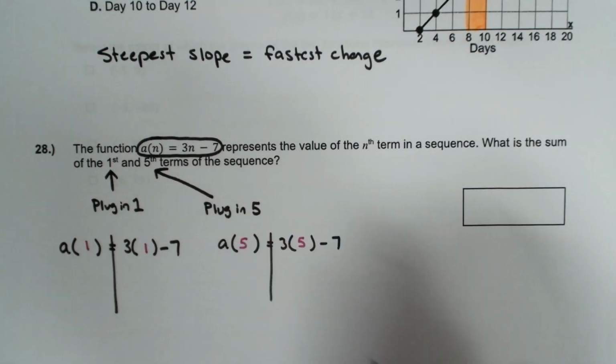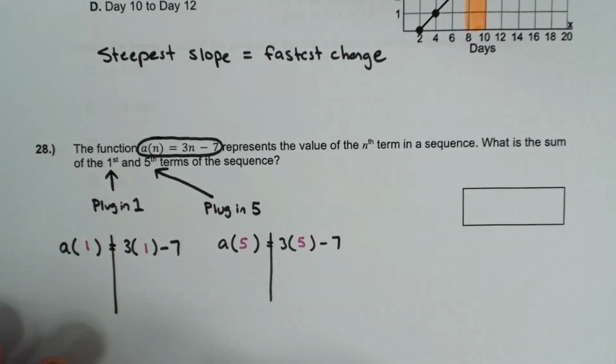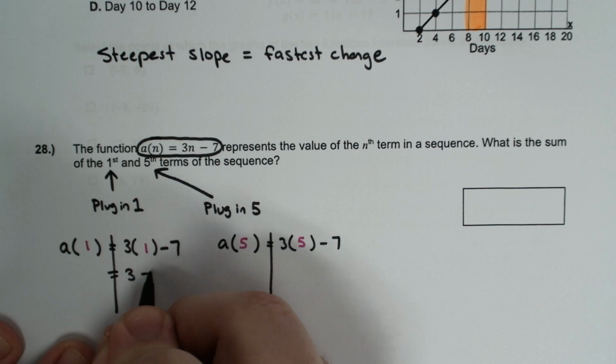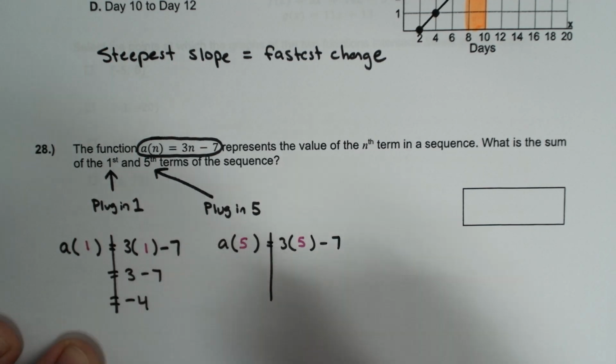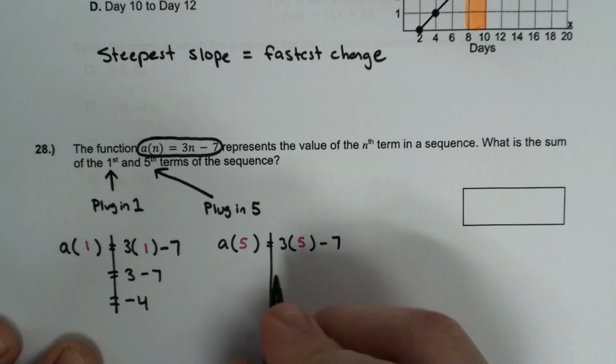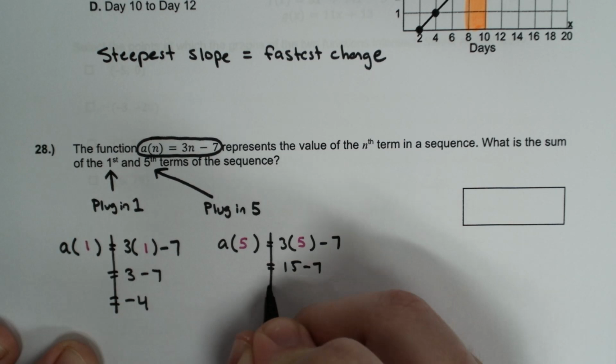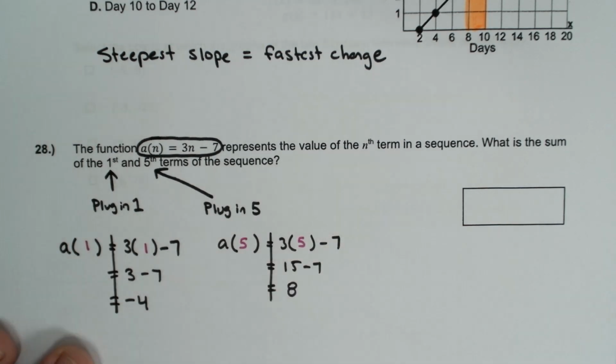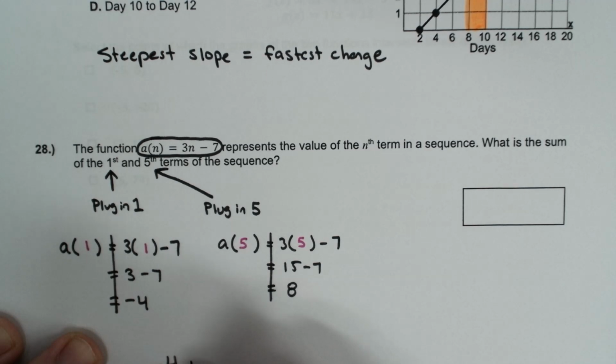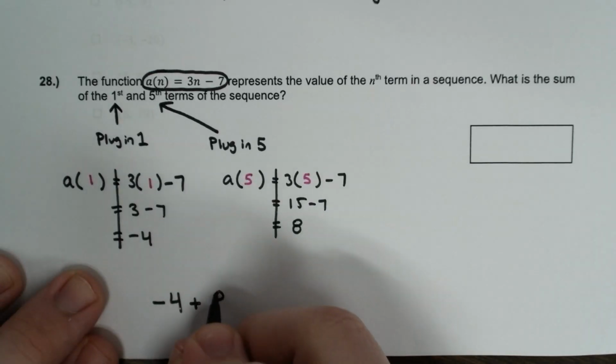Everything after the equal sign is the math we need to do. 3 times 1 is 3. 3 minus 7 is negative 4. So the first term in that sequence, which is just a list of numbers, is negative 4. Next one, 3 times 5 is 15. 15 minus 7 is 8. So the fifth term is 8. Altogether, what it wants us to do is find the sum. Negative 4 plus 8.